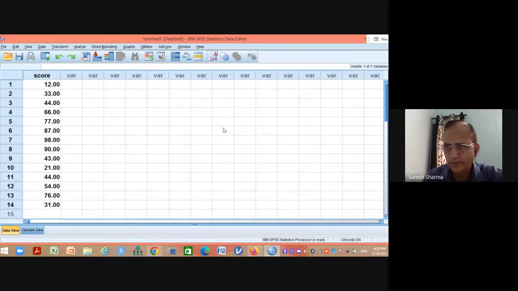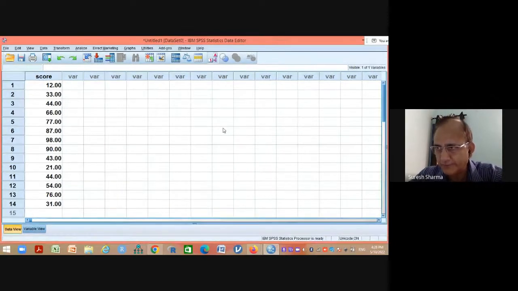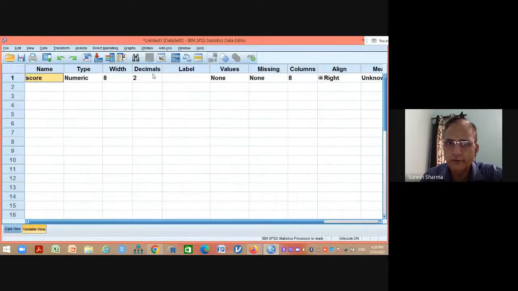Now, we have entered only 12, 33, 44, but SPSS has added 2 decimals. By default, the program will take 2 decimal values. Although in this case we don't require the decimals, by default it will take them. You go to the variable view, there are decimals here.